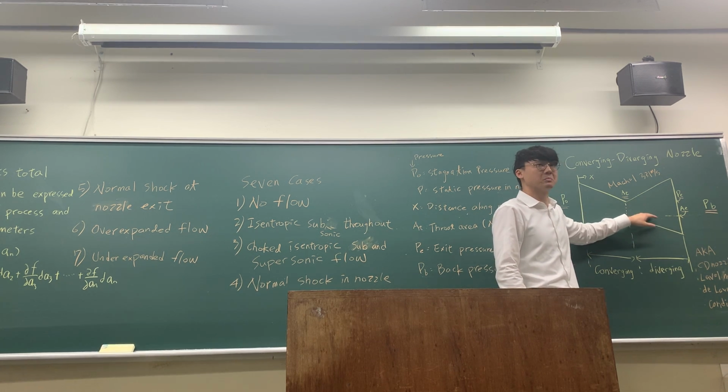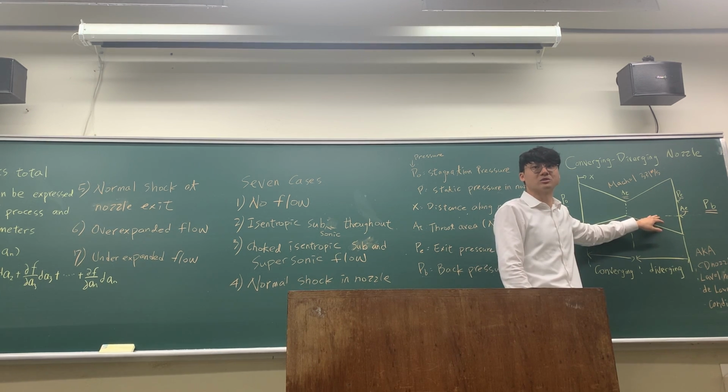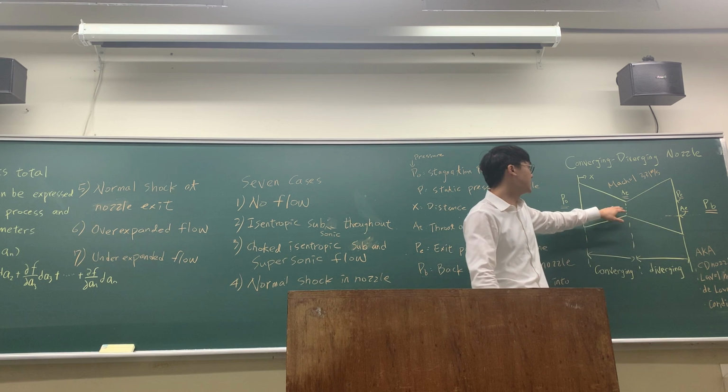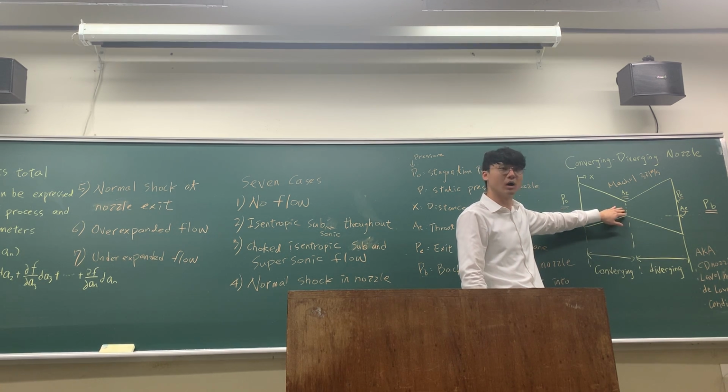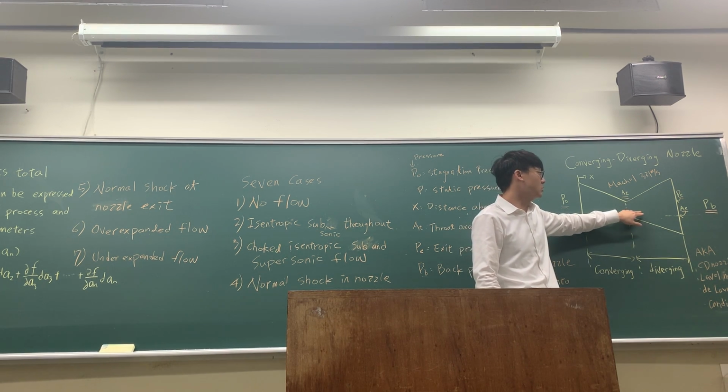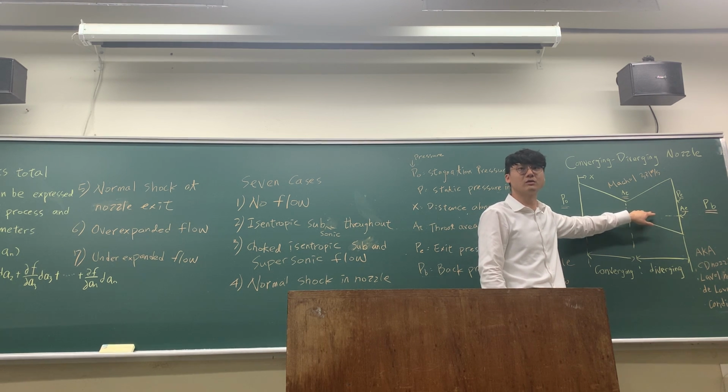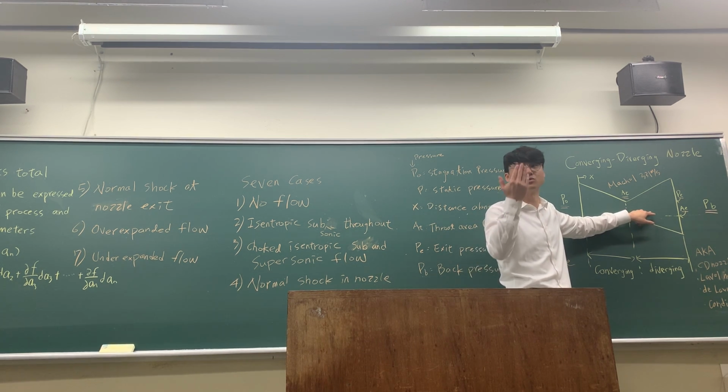At a certain area, depending again on how you design your nozzle, it will go into subsonic speed. So say over here it is Mach equal to 1, and at this certain point it suddenly drops into subsonic speed. So there's a jump.